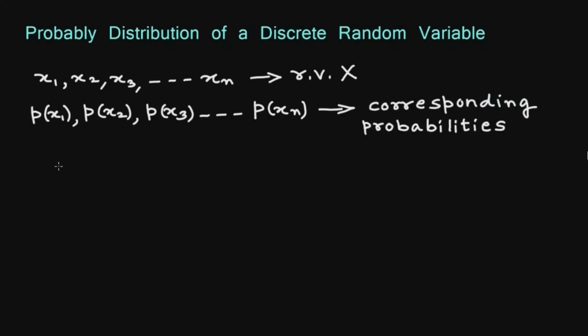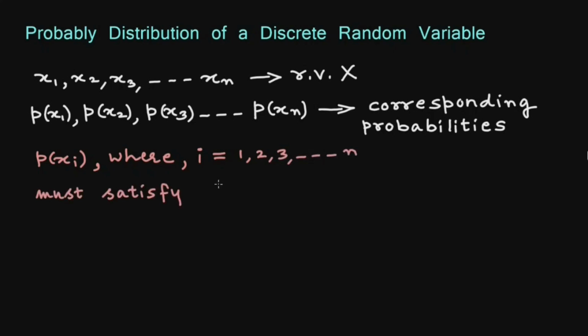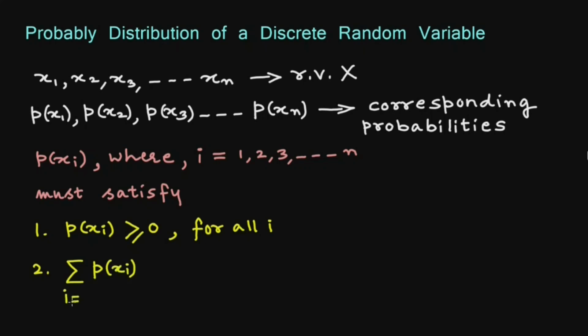We denote these probability numbers by p of xi, where i is 1, 2, 3, up to n, and they must satisfy the following two conditions. Number 1, p of xi should be positive or 0 for all i's, and number 2, summation of p of xi, where i runs from 1 to n, should be 1.